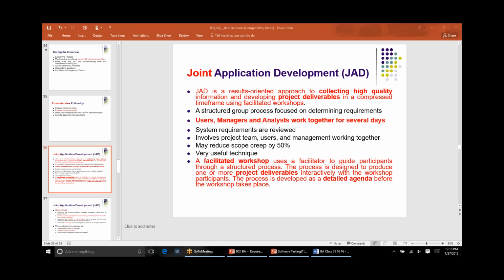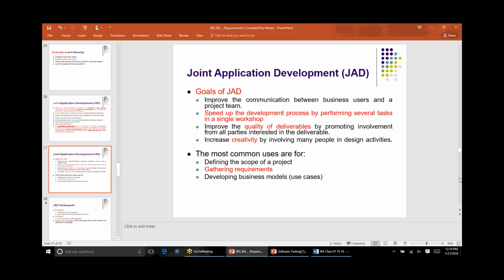Workshops are nothing but formal meetings in which you have a large set of different people working together on a specific development task, on a specific development area.